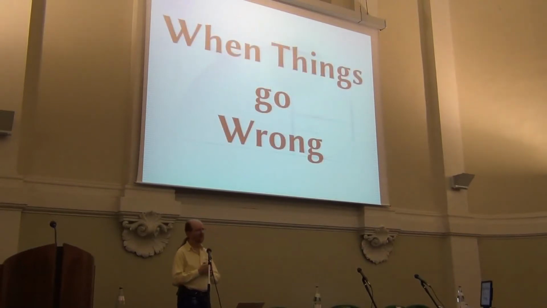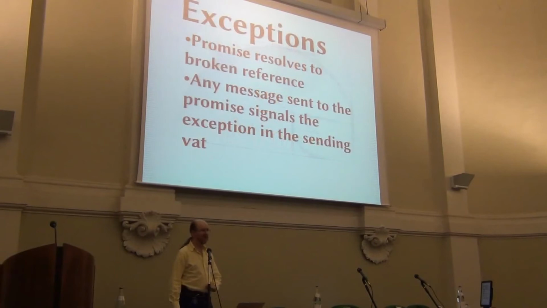But things don't always go the way we want them to. So you can have exceptions. Within a turn inside of a VAT, exceptions are handled pretty much like they are in Smalltalk. You toss an exception up the stack and find it in a handler and deal with it.